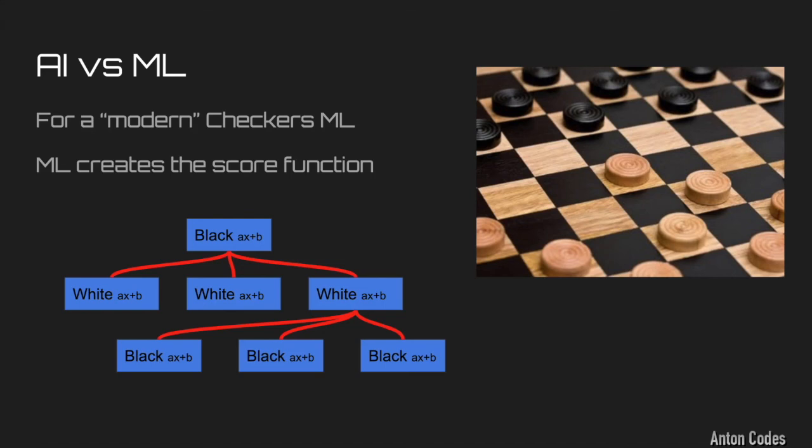A much better scoring function is how many liberties you have, how many actions you can take compared to how many actions your opponent can take. But there may be better ones. And so if the machine learning can just play a lot of games, collect a lot of data, and create some function, as I've written ax plus b, obviously the function would be a lot more complicated than that, then it would be able to play a really good game.